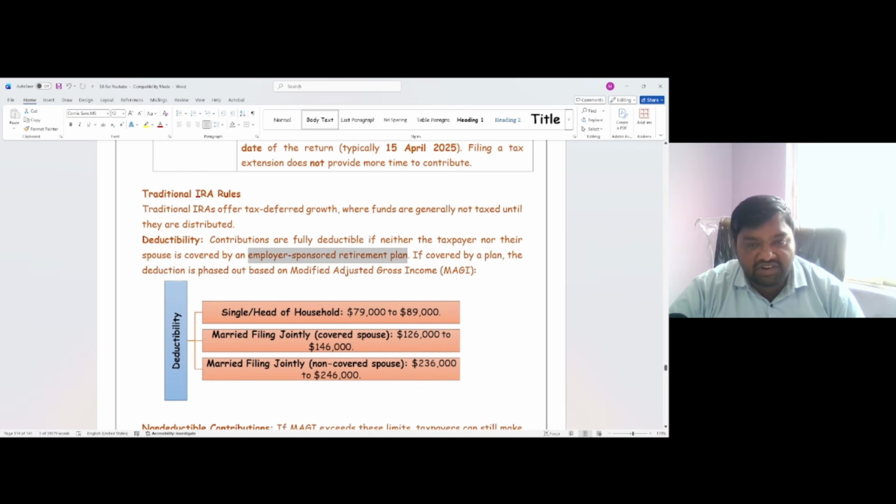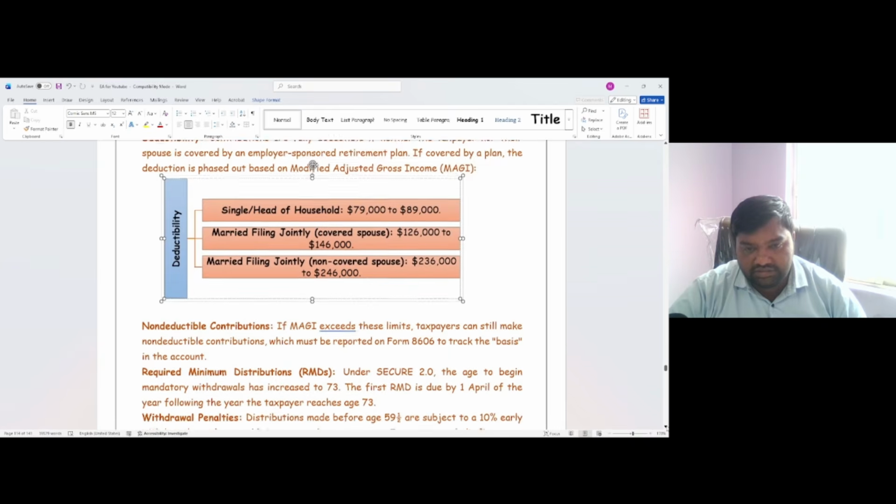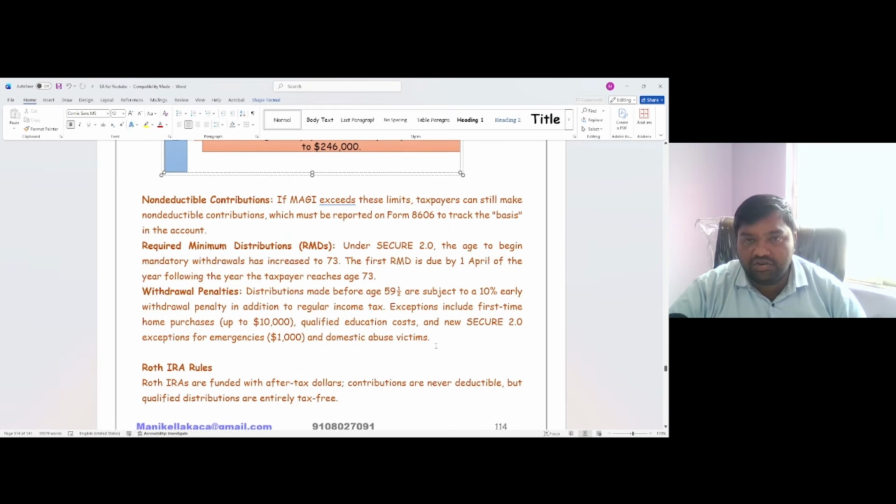Single and head of household, 79,000 to 89,000 US dollars. Married filing jointly, 126,000 to 146,000 US dollars. But if you are married filing jointly and one spouse is covered and one spouse is not covered, then the limit is 236,000 to 246,000. Here both spouses are covered. Now I already told you, if you are contributing to a traditional IRA, you should withdraw at the age of 73.